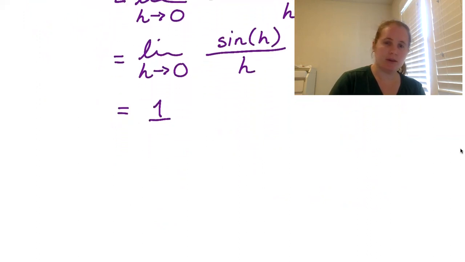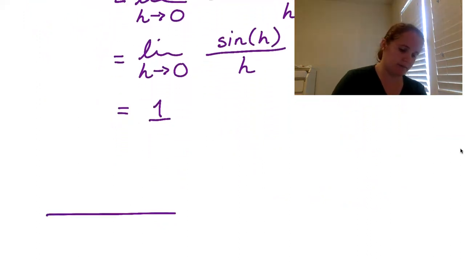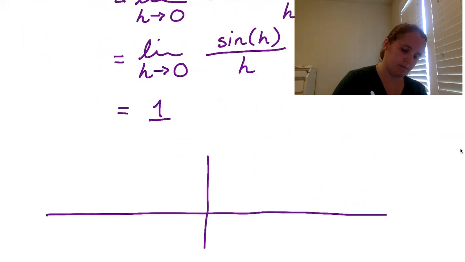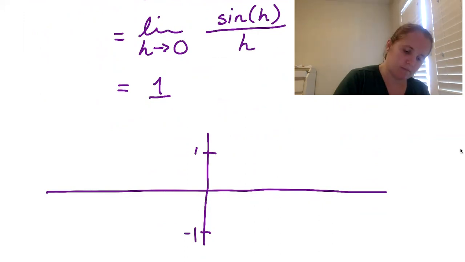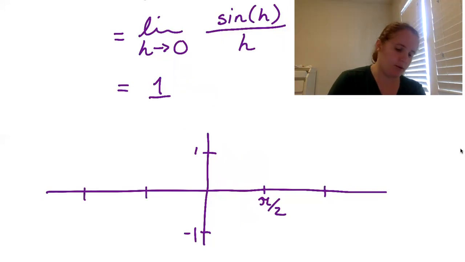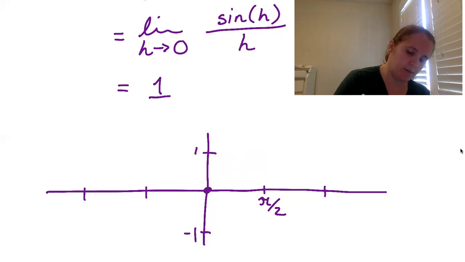So if we think about the graph of sine of x, so if we go ahead and graph sine of x, we know it crosses the origin. Then at pi over 2, we're at 1.